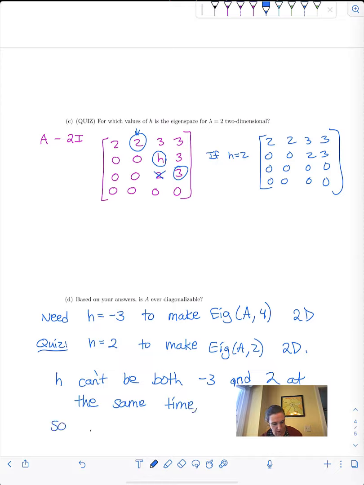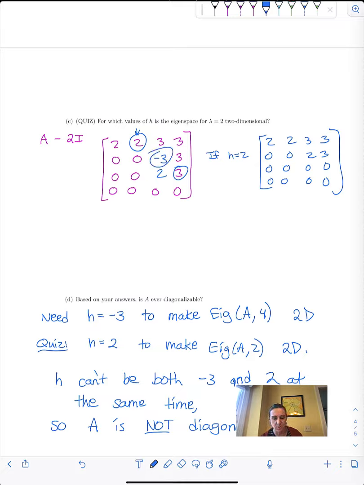So this matrix is not diagonalizable. If h were -3, then we'd end up getting 3 pivots.